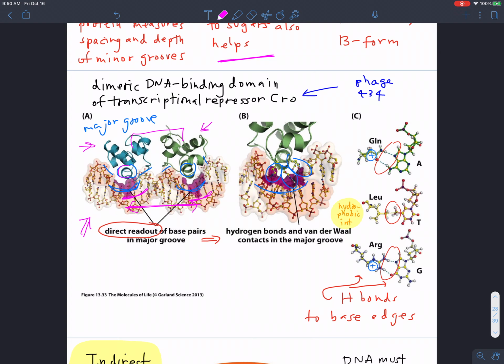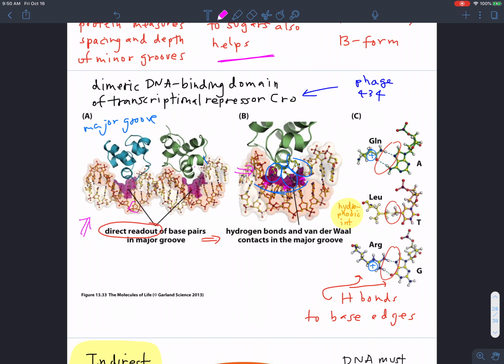And notice, yes, the alpha helices are reaching down into the major groove of the DNA, just as we talked about before. And the side chains that are attached to those alpha helices, here they are, looking more closely, are reaching down and touching the base edges, just as we sort of theoretically talked about above.